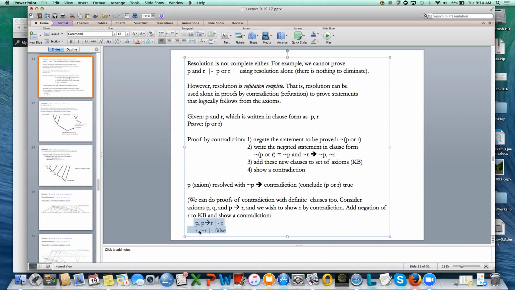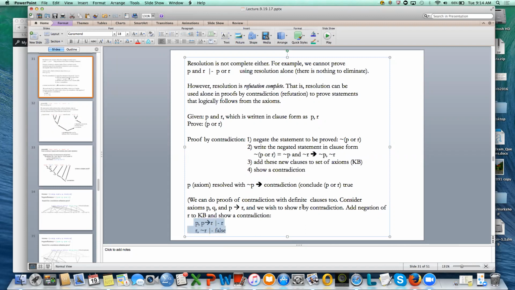We can conclude R. But in a proof by contradiction, if we were interested in proving R, we would negate R, we would add it to the knowledge base, and then we would determine whether that generates a contradiction or not.